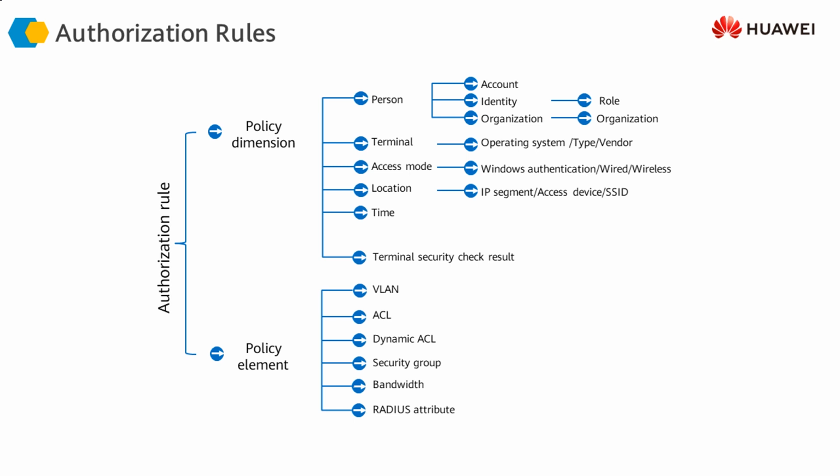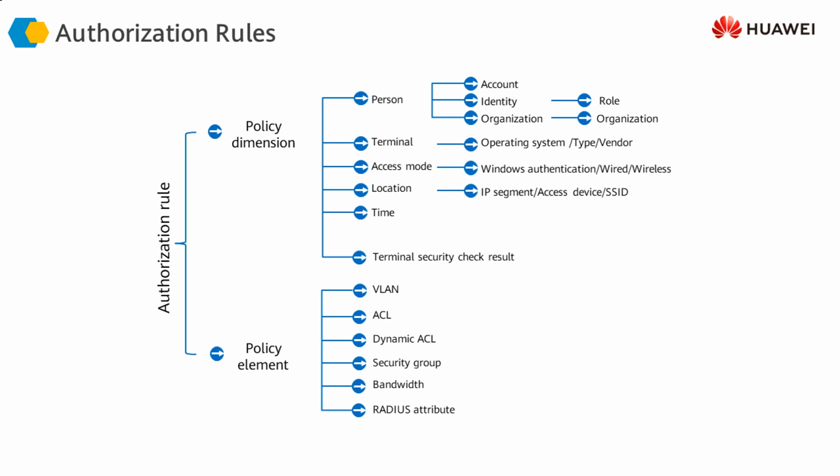This concept is going to be helpful to us when we do the configuration later on the Agile controller for the authorization, or when we are configuring the authorization rules on the Agile controller. You'll see that we'll be doing the configuration for both these components, that is policy dimension and policy element. But we'll leave that for later.